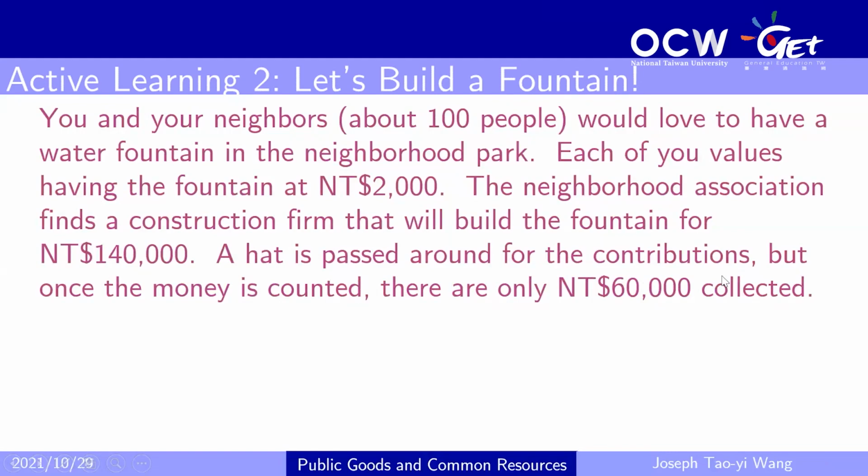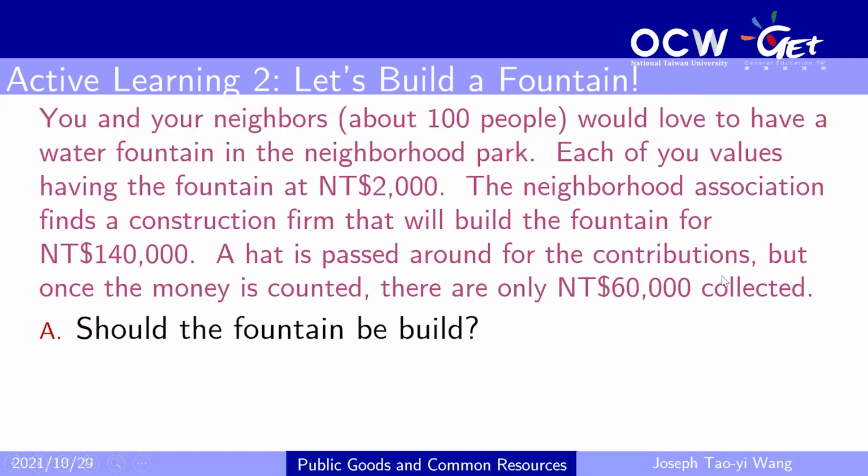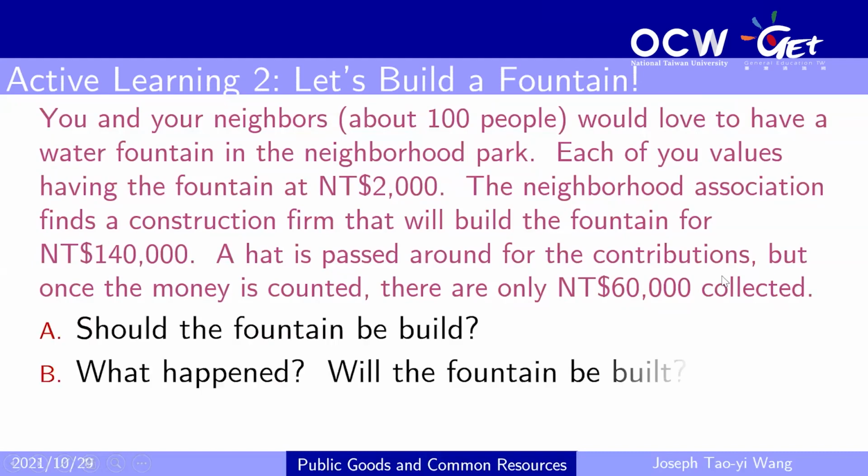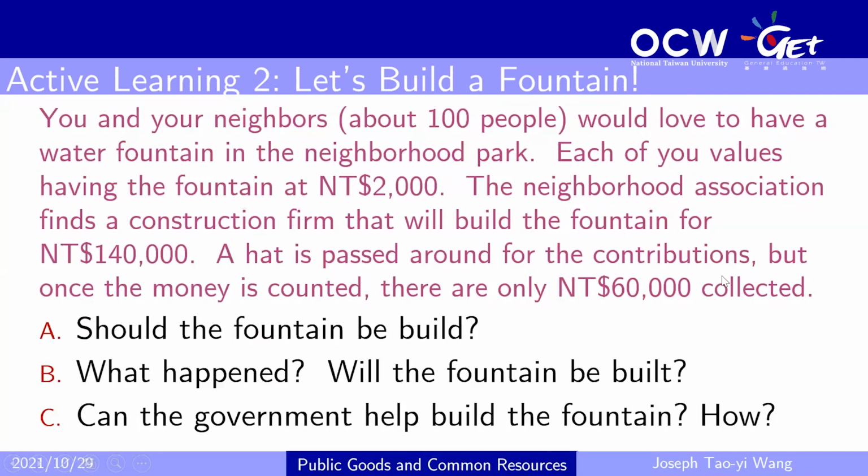A hat is passed around for the contribution, but once the money is collected, there's only 60,000 NT dollars collected. So should the fountain be built? And what happened? Will the fountain be built or not? And can the government help build the fountain? And how? How is that possible?